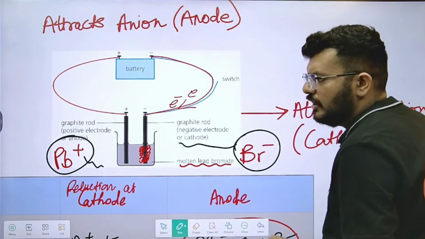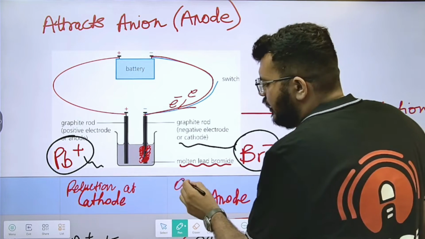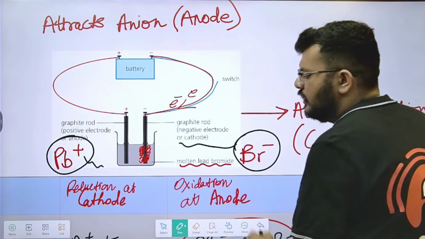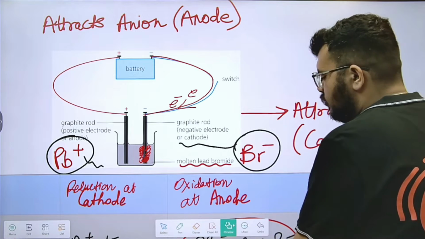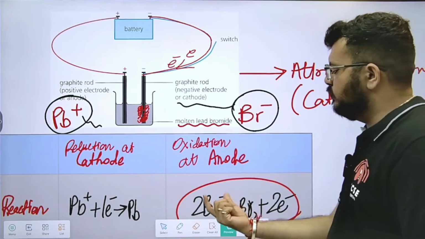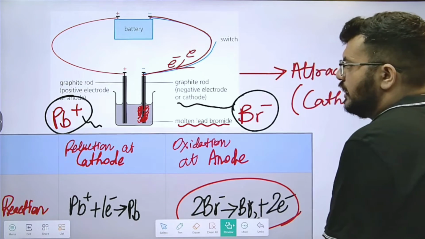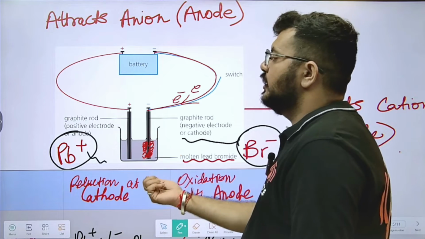at cathode. And if reduction is taking place at cathode and they are simultaneously taking place, even without proving it to you, I can say oxidation at anode. We will see in a while how oxidation is taking place, and you don't even need a while. If you look here, bromine is giving out electrons, oxidation is loss of electrons. So that is oxidation. Coming back to the journey of the electron, the electron is getting used up here.